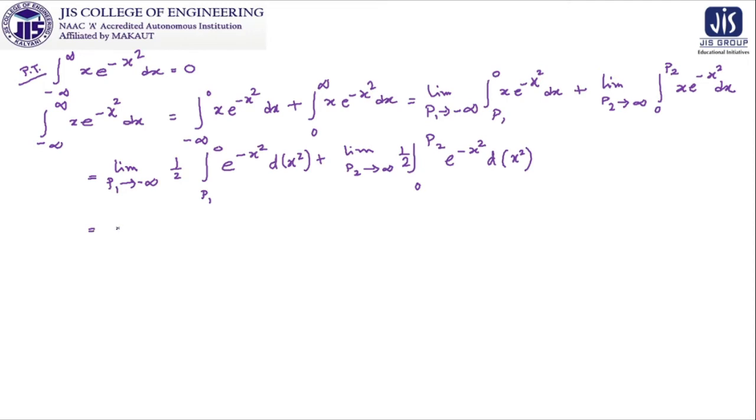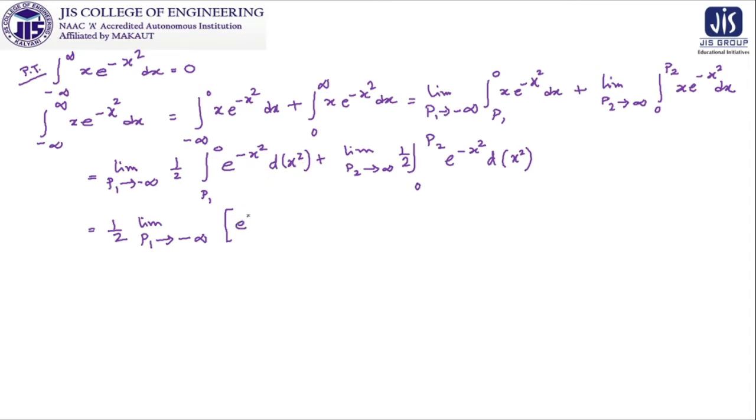Okay, so in the next line what we can write, that half limit p1 tends to minus infinity, just we are doing the problem as it was given to us. Then integrating this, what we get, e to the power z dz, that means simply e to the power z.